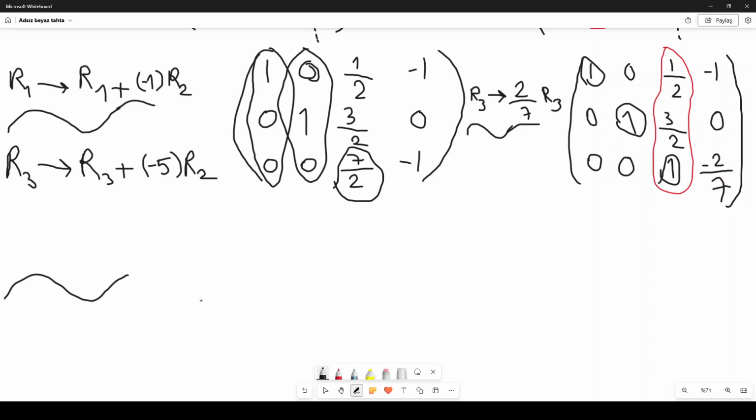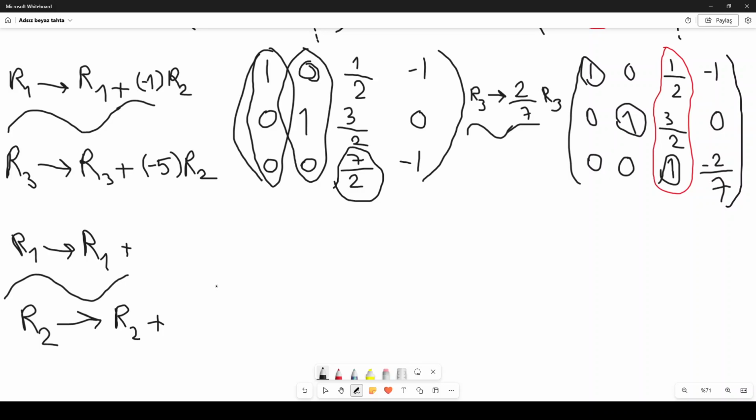There's only two simple arithmetic operations left behind. So now I need to change both row 1 and row 2. I need to replace them by something else on the right hand side. R1 is replaced by R1 plus something, and R2 is replaced by R2 plus something, right?